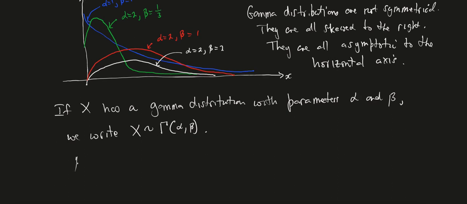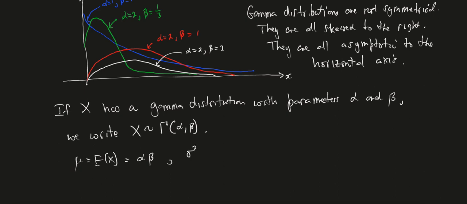And now let me give you the formula for the mean and then the formula for the variance. It turns out that your mean, or your expected value, is not difficult to prove. It just relies on a bit of integration by parts, but you end up getting that the expected value of your gamma random variable is simply alpha times beta, right? So just multiply the parameters and you'll get the expected value.